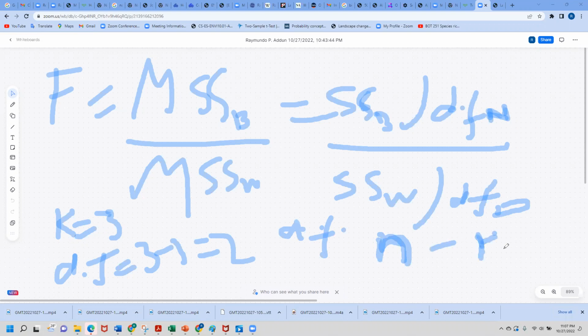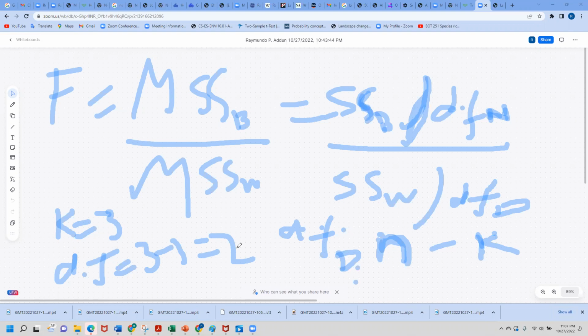If you have 30, 30 minus 3, then 27 is your df for the denominator. And these numbers are what you divide the sums of squares by to get the mean sums of squares, so you can get the F statistic.